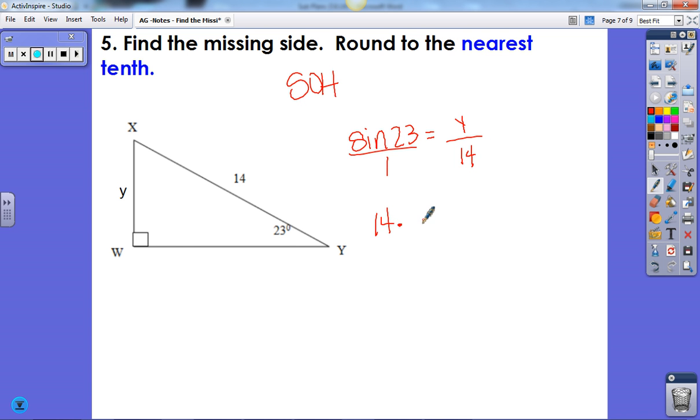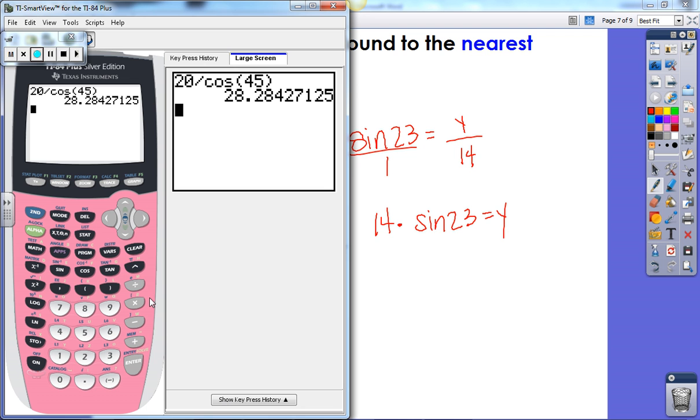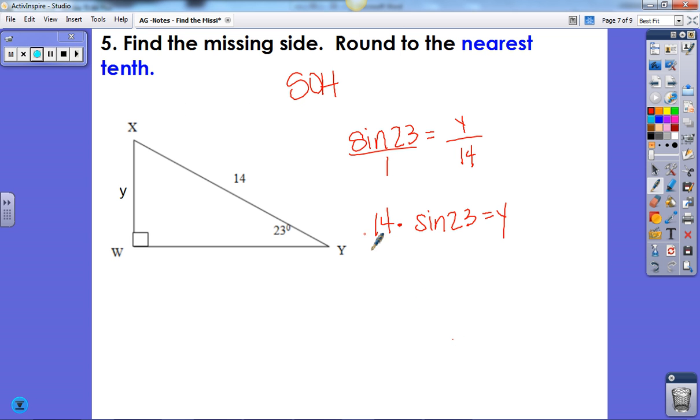When I cross multiply, 14 times the sine of 23 equals y, so that's what I'm going to type in my calculator. 14 times the sine of 23, and I get 5.5. This one doesn't have any units, so I'm just going to leave it as 5.5.